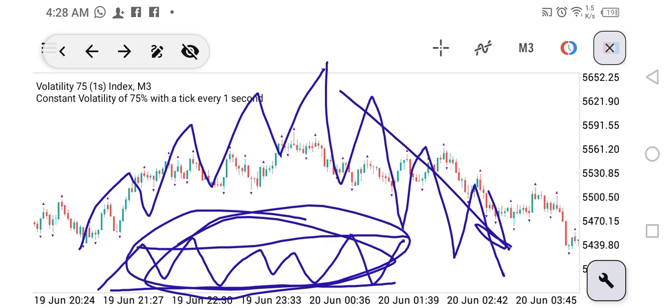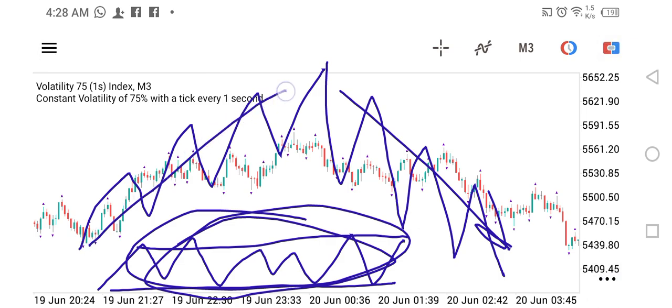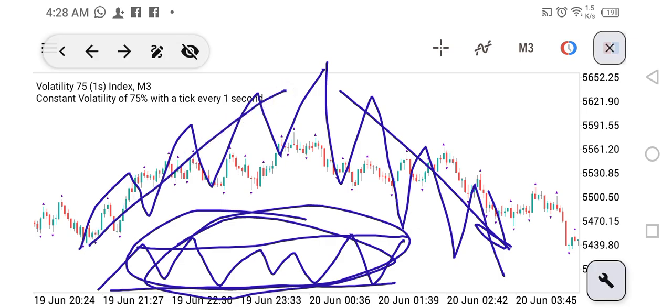In an uptrend, you're supposed to be looking for opportunities to buy. But some beginner traders usually make the mistake of selling in an uptrend, and sometimes they confuse pullbacks.